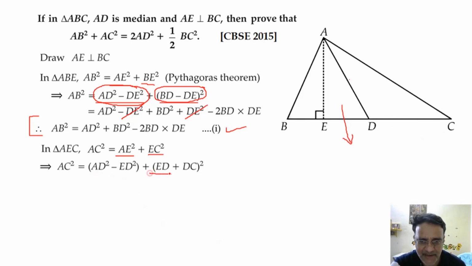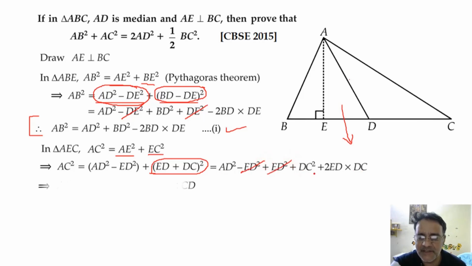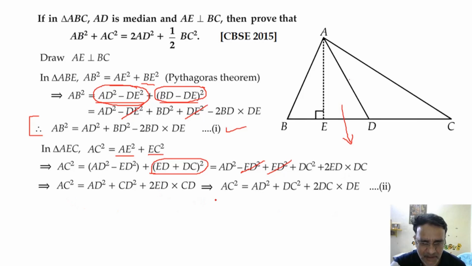Okay, so expand this one by using formula a plus b whole square. So we'll get a square plus b square plus 2ab. Here also these two will be cancelled. And what we are going to get? AD square plus DC square plus 2 times BD into DC. Now let it be equation number 2.